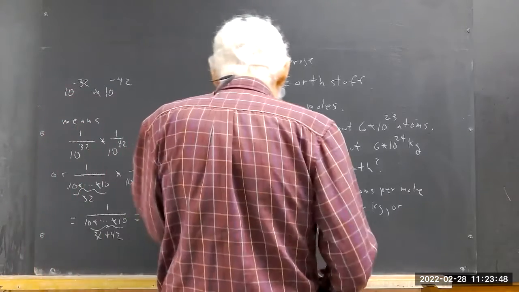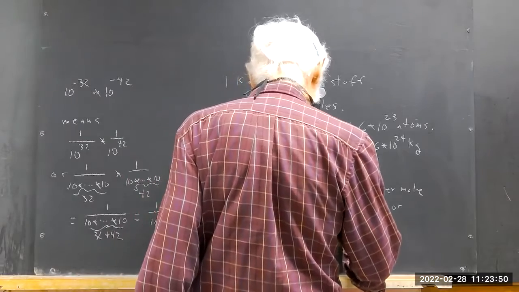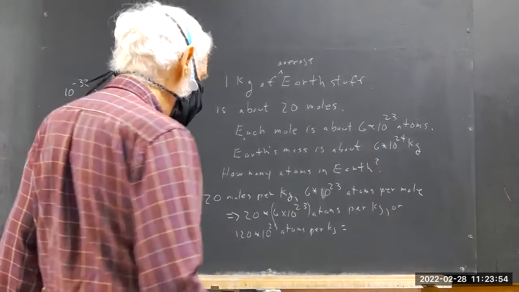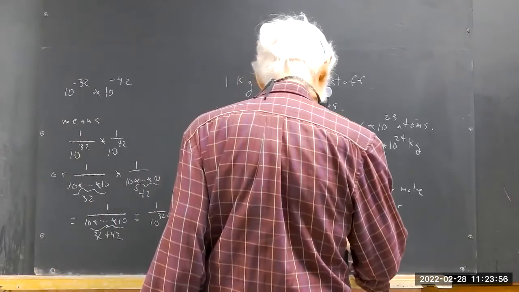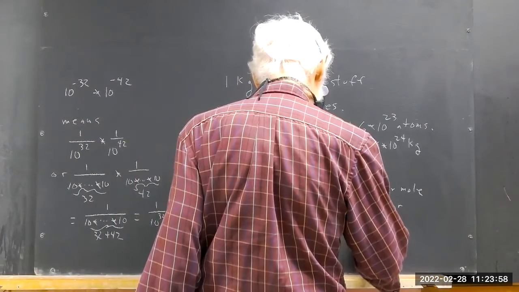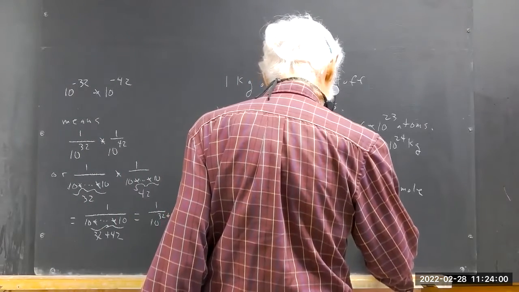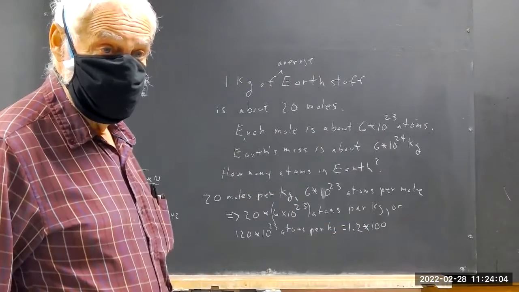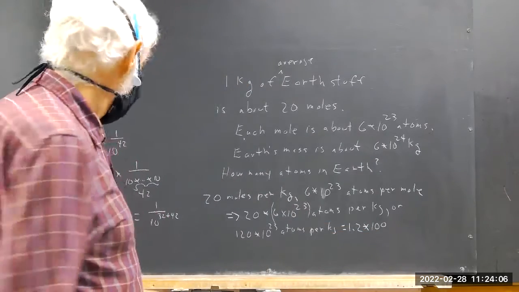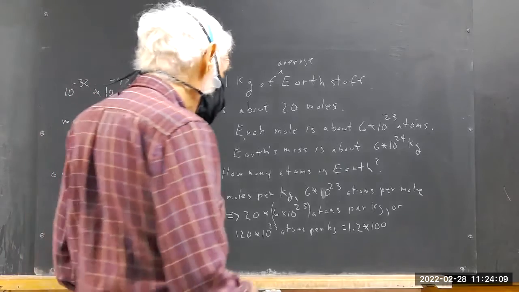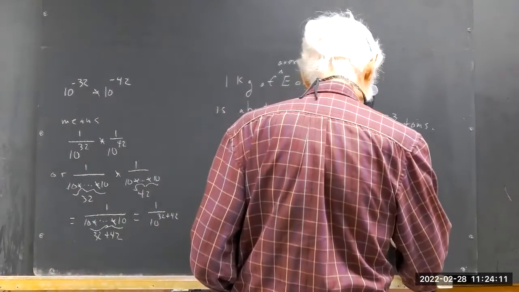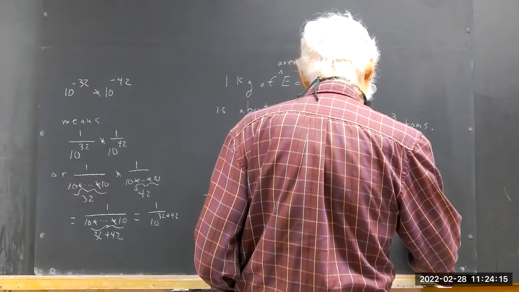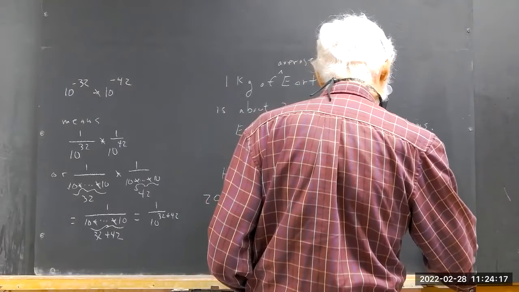So to do that, I express 120 as 1.2 times 100. Fair enough? Okay, so that's 1.2 times 100 times 10 to the 23rd atoms.